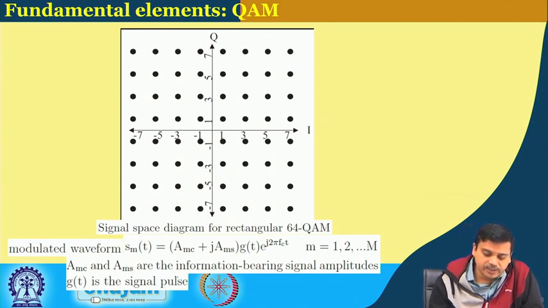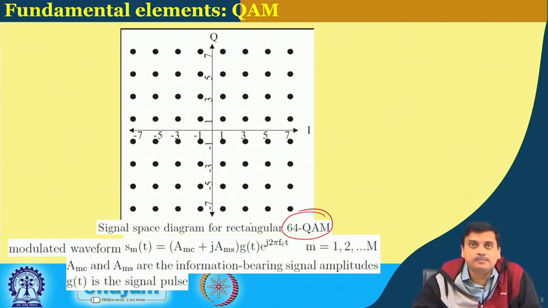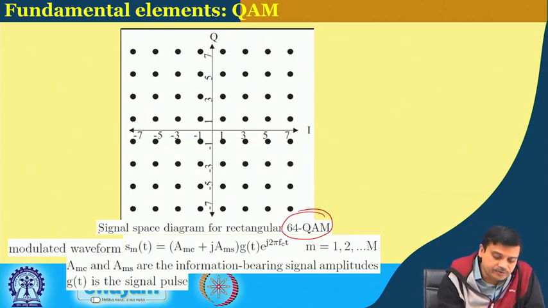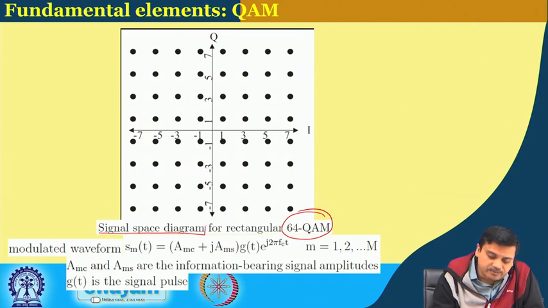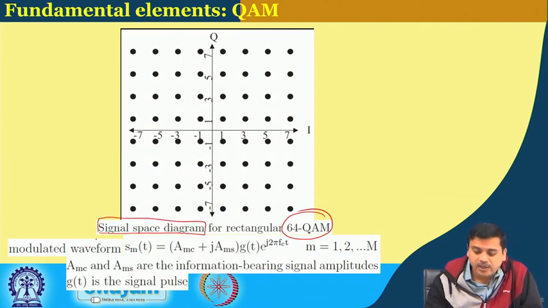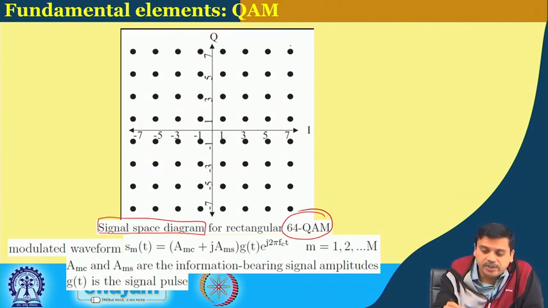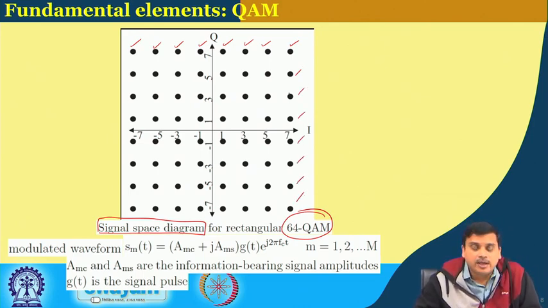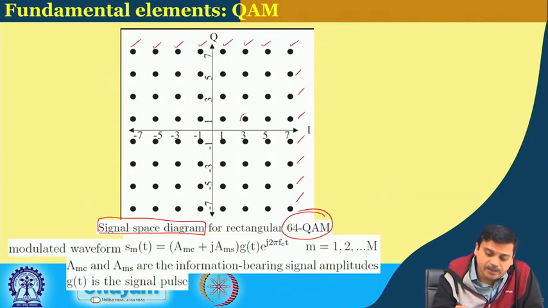What we see here is a signal space diagram for 64 QAM, and you can count 64 such dots, 8 across column-wise and 8 across row-wise. Each position in this constellation diagram indicates an information-carrying symbol.